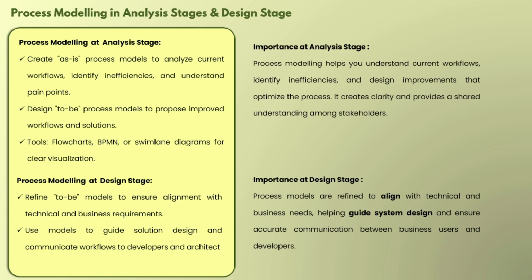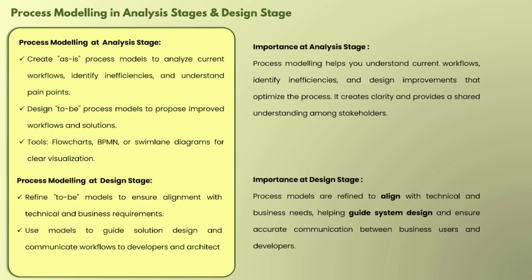Now let's see in short what are the advantages or importance in the analysis stage and in the design stage. Well, process modeling helps you understand current workflows, identify inefficiencies, and design improvements that optimize the process. It creates clarity and provides shared understanding among the stakeholders.